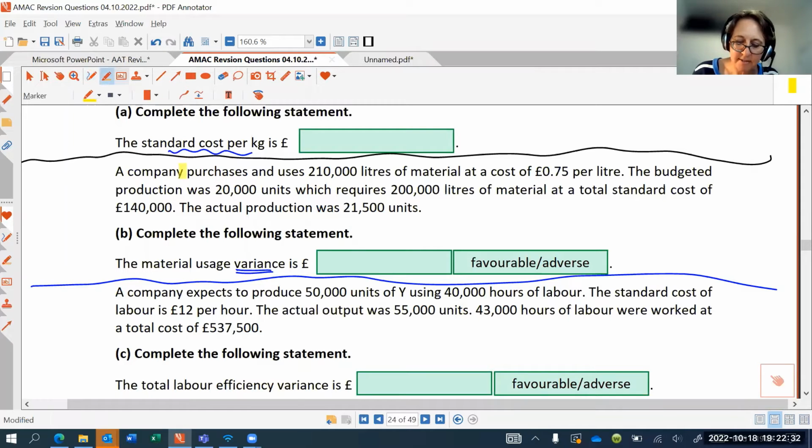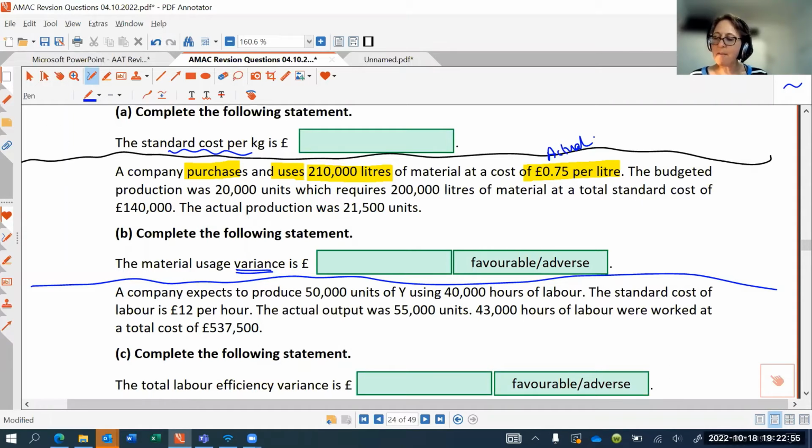Now, if we just read through this sentence by sentence, purchases and uses, past tense, 210,000 litres costing 75 pence per litre. That is clearly actual information. It's telling me what I purchased, what I used, and what it cost.